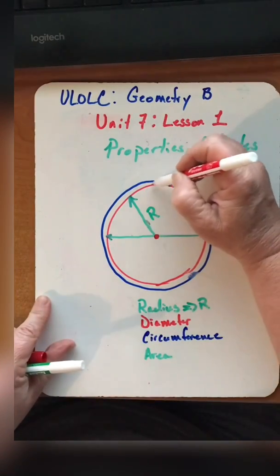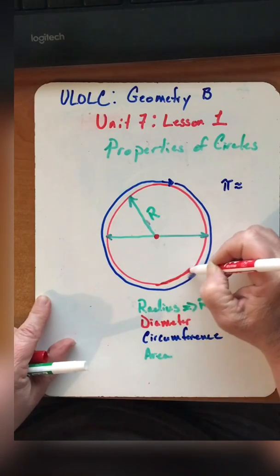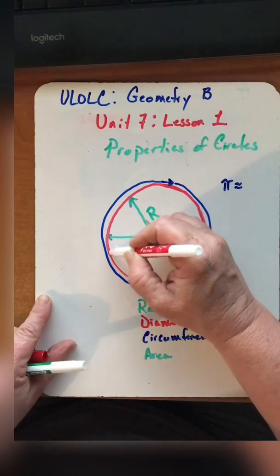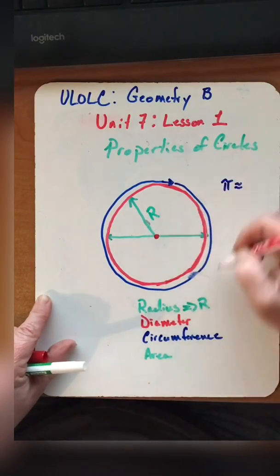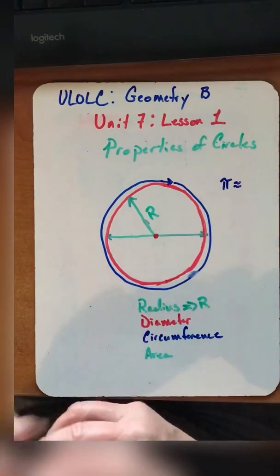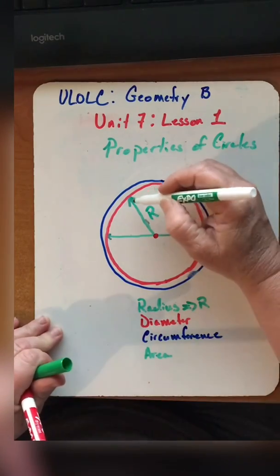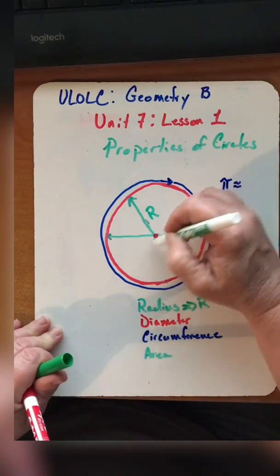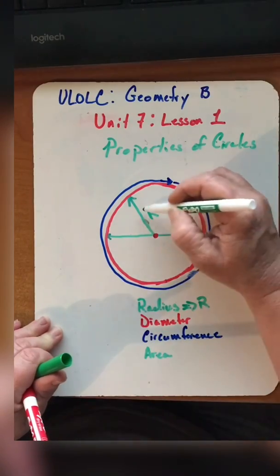My circle here is in red. This is my circle that I'm referring to. The blue is like an arrow. So the radius is the distance from the center of the circle out to the edge, and it doesn't matter where you draw that radius.